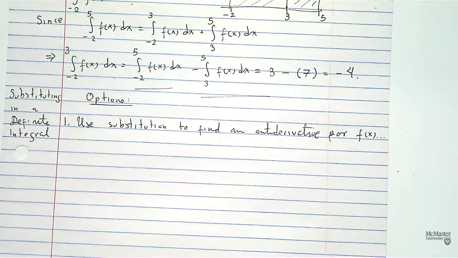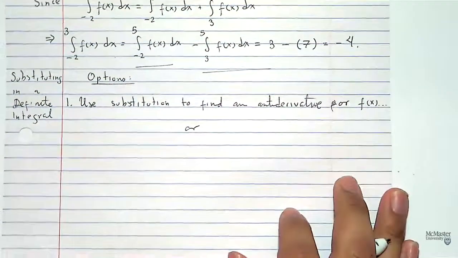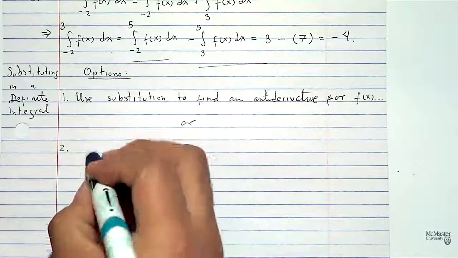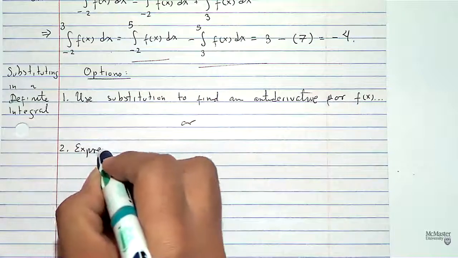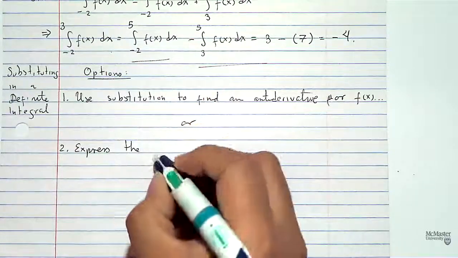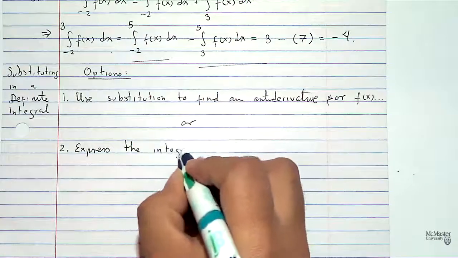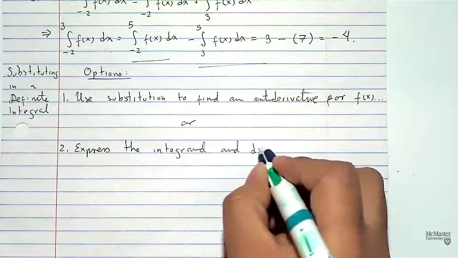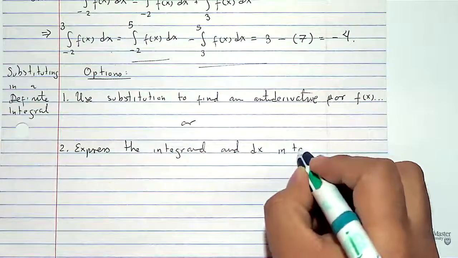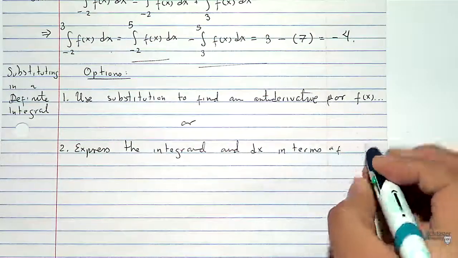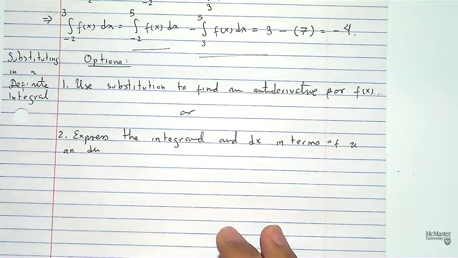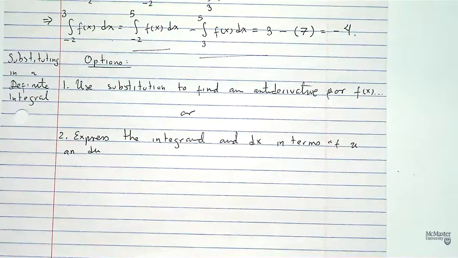That is one option. The second option, though, is to express the integrand and the differential dx in terms of u and du. So, okay, you do the first part of the substitution method, right?